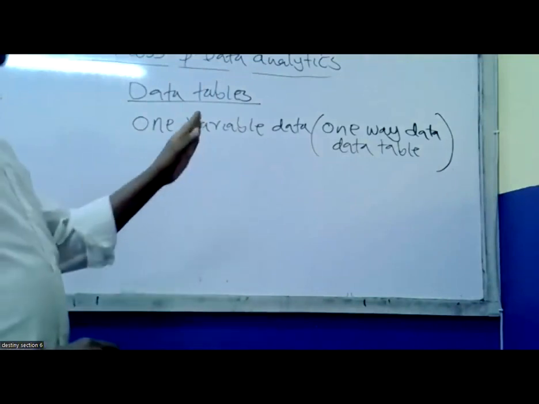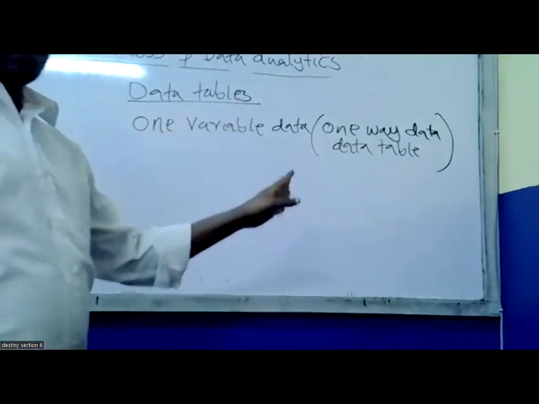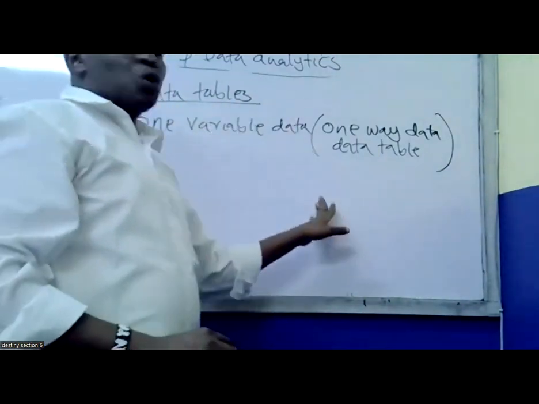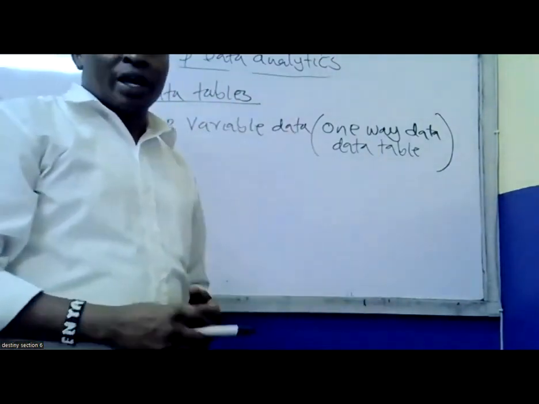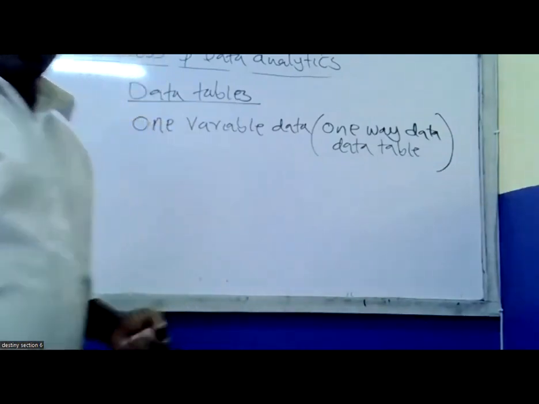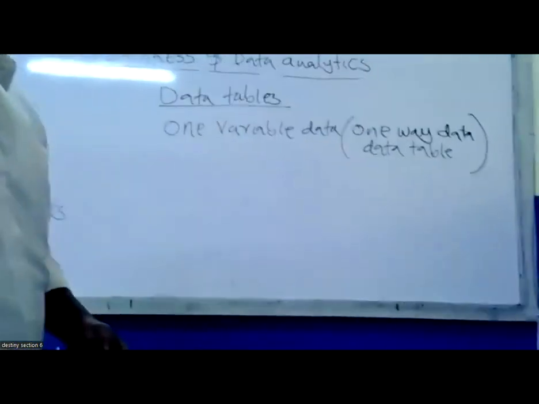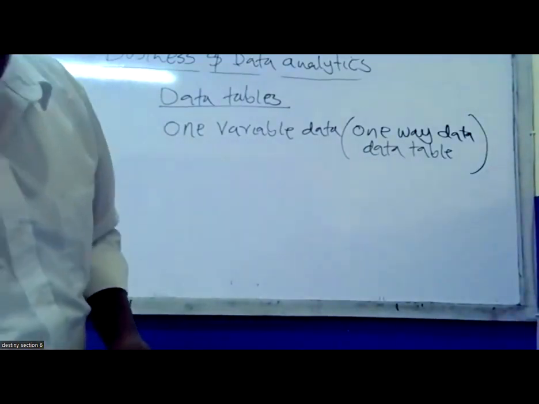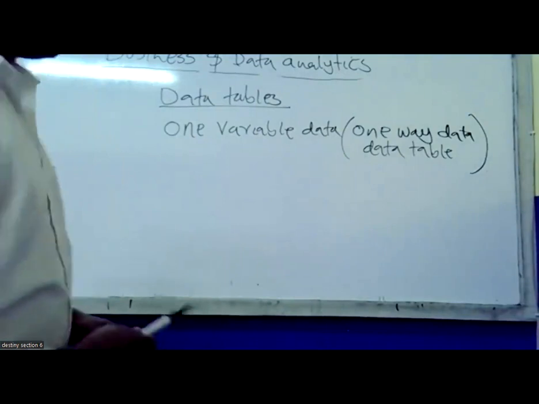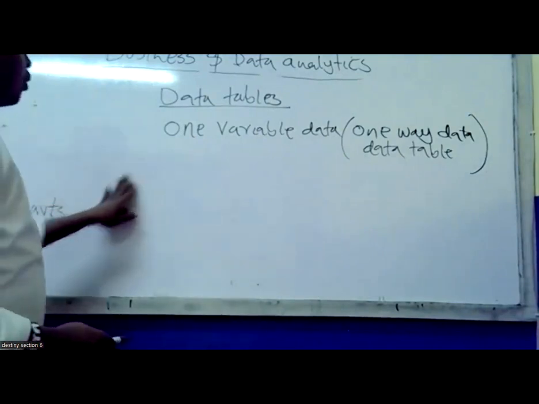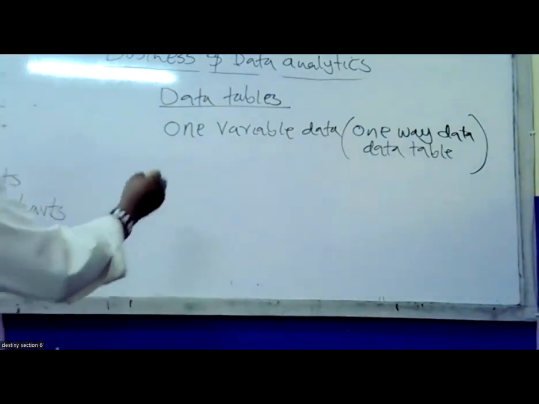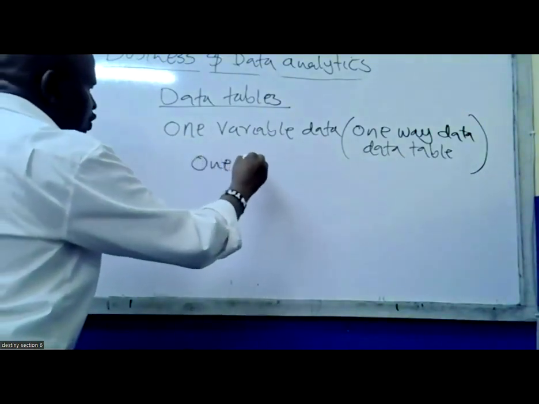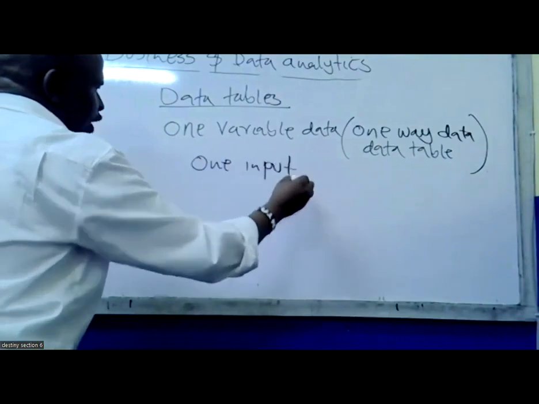So wakikuuliza use the one variable data table, or sometimes wakuuliza use the one-way data table, ujue it is one and the same thing. And then this one variable data table uses one input range.